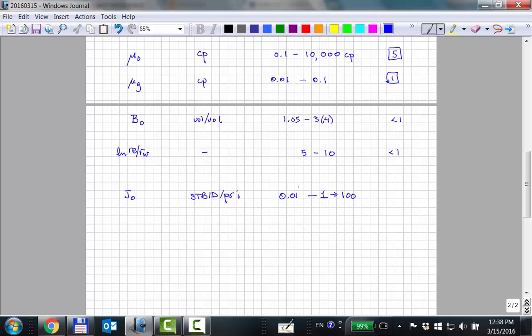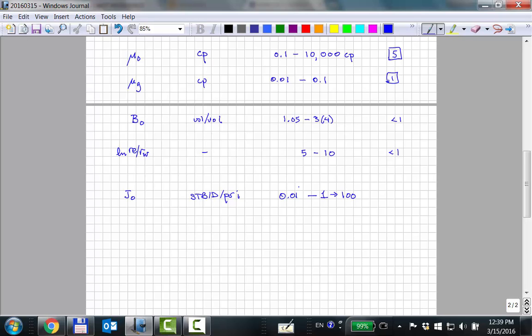So $1 million divided by 20 years, divided by 365. That's $140 a day. So you want to make a couple or 3 barrels a day.